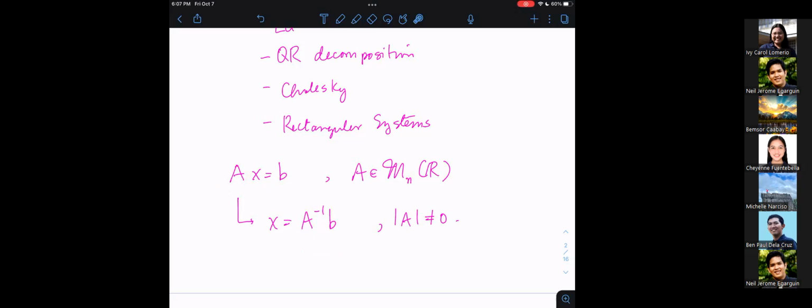Number one, for a large type of matrices or a large proportion of matrices, mahirap computin yung A inverse. And if you can't compute A inverse, yung machine precision o yung error due to machine calculations like round off errors and propagated errors ay makakaapekto dun sa A inverse.